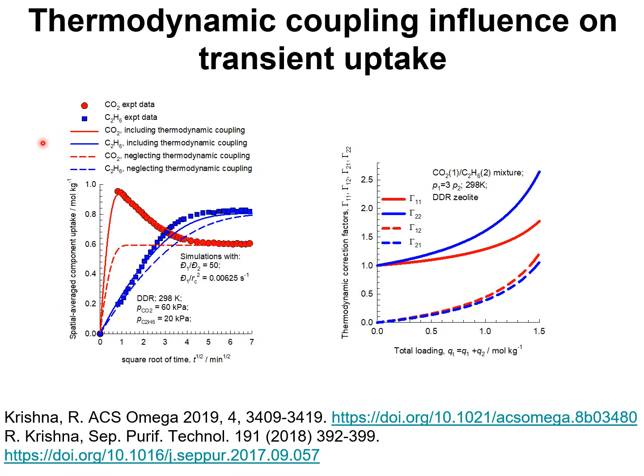In this graph, I compare the experimental data for transient uptake of CO2 and ethane in DDR zeolite, shown by the symbols, with the two types of simulations shown on the previous slide. The continuous lines are the simulations in which the thermodynamic coupling effects are duly accounted for, and the dashed lines are the simulations in which thermodynamic coupling effects are ignored.